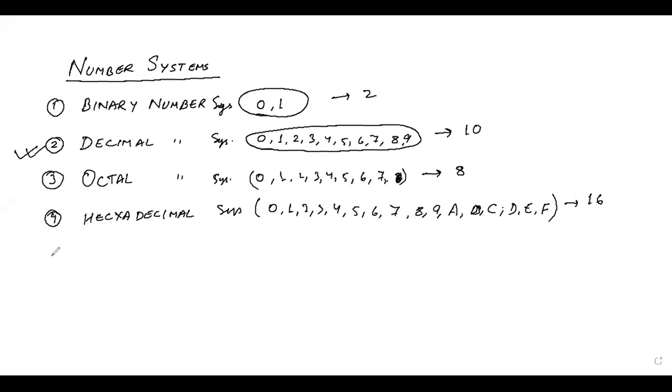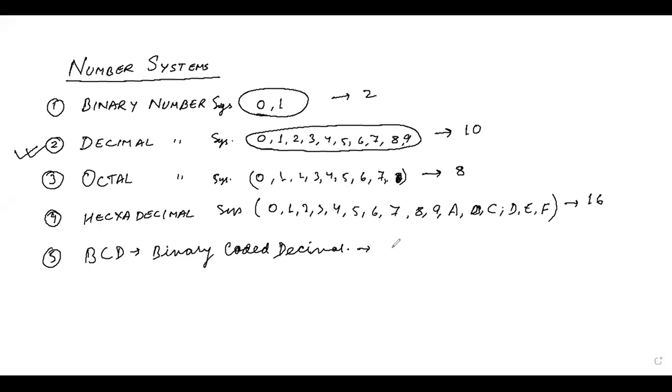Except these number systems, we have to study the number codes. The fifth one is BCD. BCD stands for binary coded decimal.